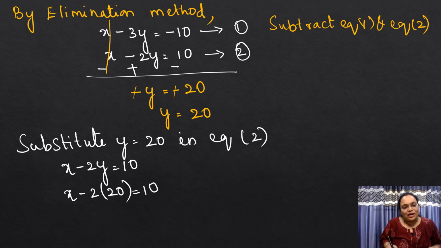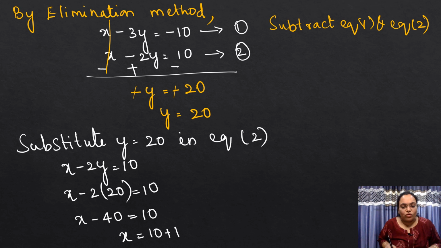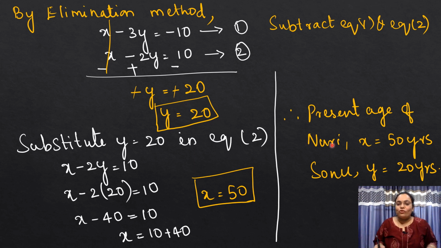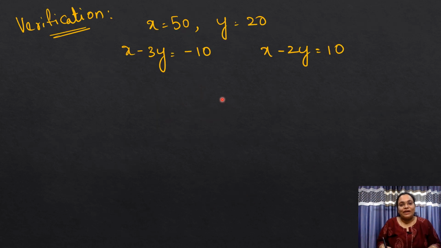Now let us solve it. x minus 40 is equal to 10, which is x is equal to 10 plus 40. You will get x is equal to 50. So therefore, the present age of Noori is 50 years and Sonu is 20 years. So how do we do the verification?